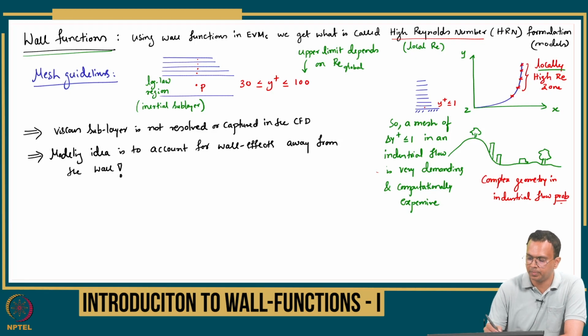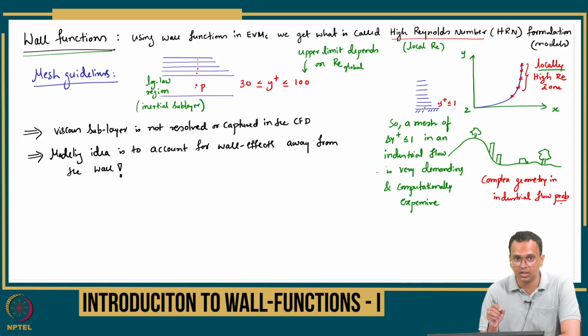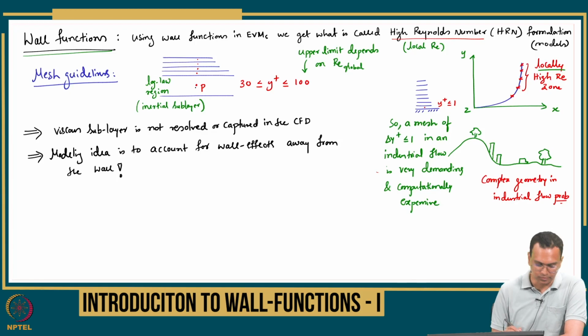That means the node P here must consider the wall effects. As long as you are able to do that, that means you are going to give a boundary condition at node P, not on a node that is lying on the wall. Okay, node on the wall is not important here. The node P becomes your default boundary condition, and that is what you are going to apply using a wall function.